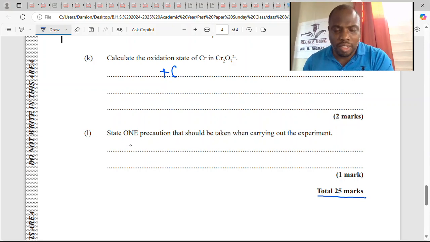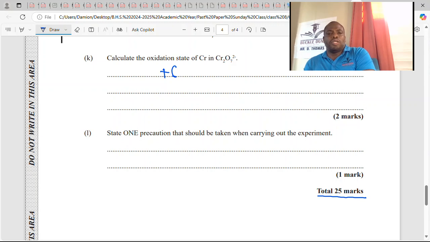State one precaution that should be taken when carrying out the experiment. Anybody? Make sure that the measurements are accurate. So how may I do that? Why not be more specific?